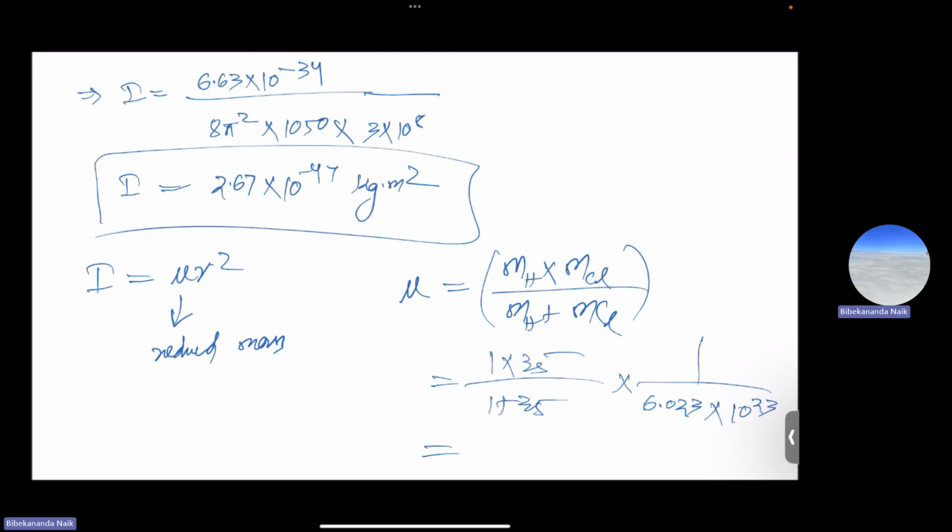So if you calculate it, it will give us 1.614 into 10 to the power minus 27 kg. So the reduced mass is also calculated.